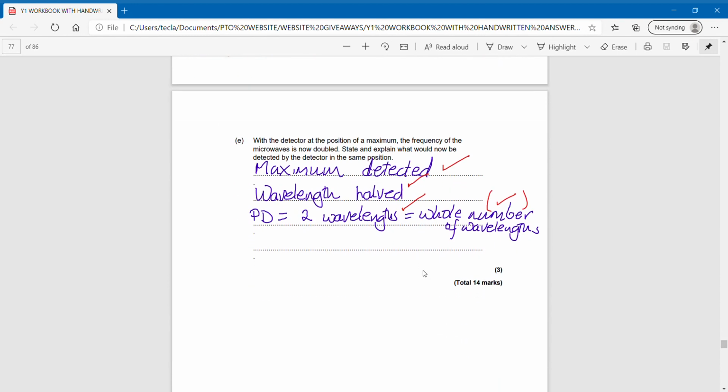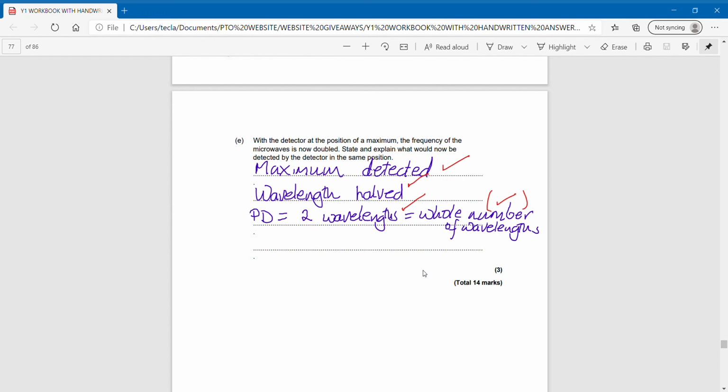Part E. With the detector at position of a maximum, the frequency of the microwaves is now doubled. State and explain what will now be detected by the detector in the same position. So a maximum will be detected. So we're at a bright fringe, which is a maximum, and that's because the wavelength is halved.